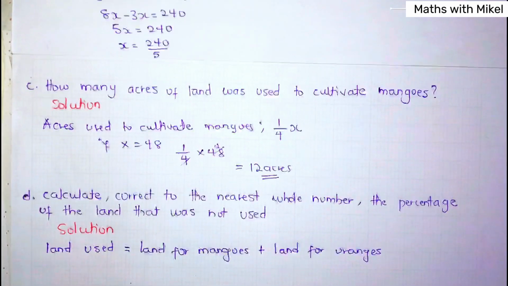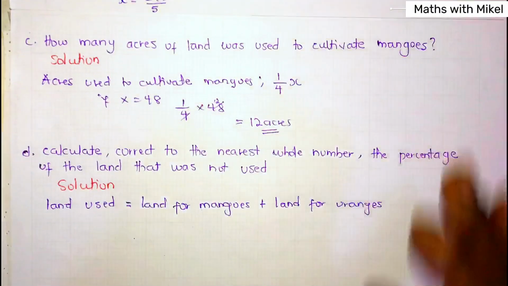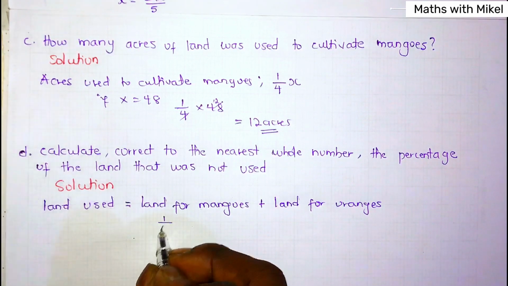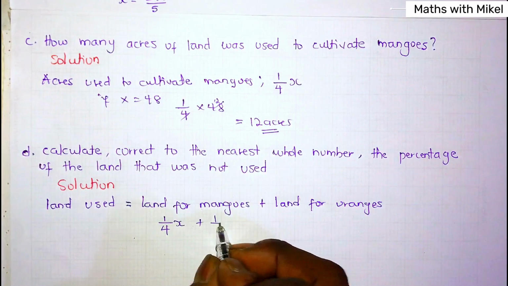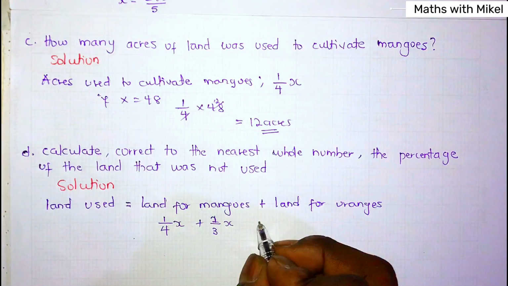Now we know land for mangoes to be 1 over 4x, and land for oranges is 2 over 3x.